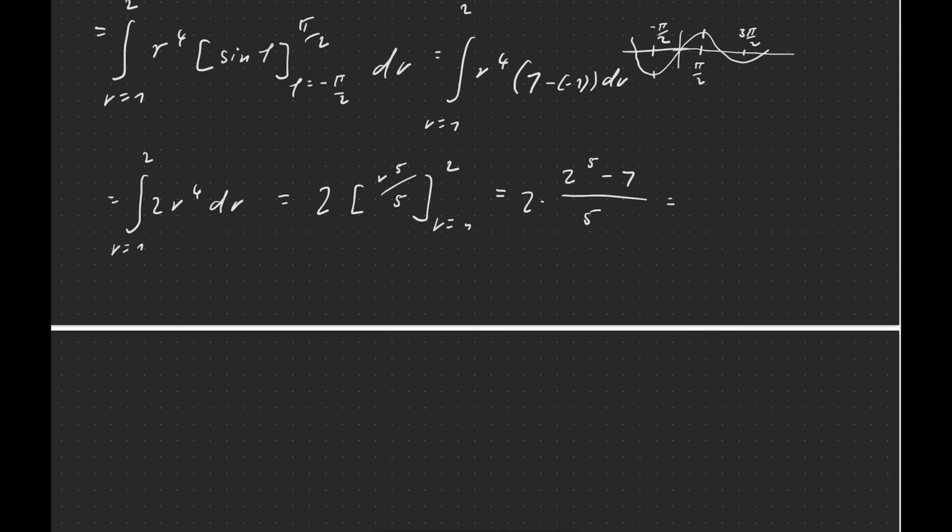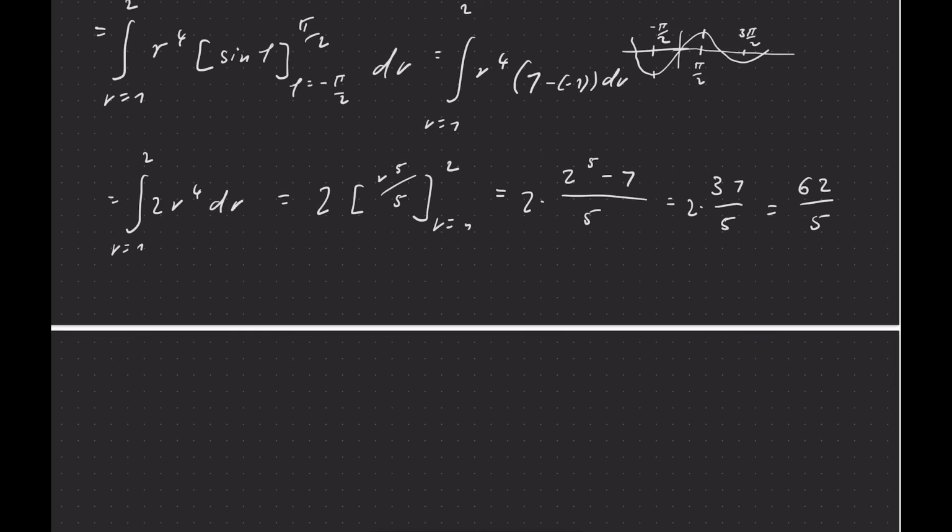Now 2 to the fifth, that is 32, right? 8, 16, yeah, that's 32. Minus 1, that is 31 over 5 times 2. So we end up with 62 over 5. And that's the final result for this example here.